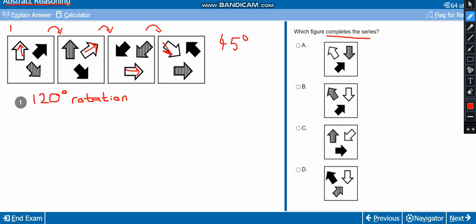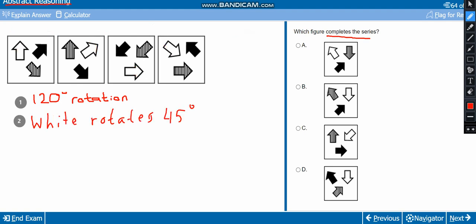And a similar pattern can be seen with the black and striped arrows. If we focus in on the black arrow, we can see that it rotates 90 degrees each turn. And then with the striped one, it's a little bit more difficult to see, but it's got a rotation of about 225 degrees after each step within the box.